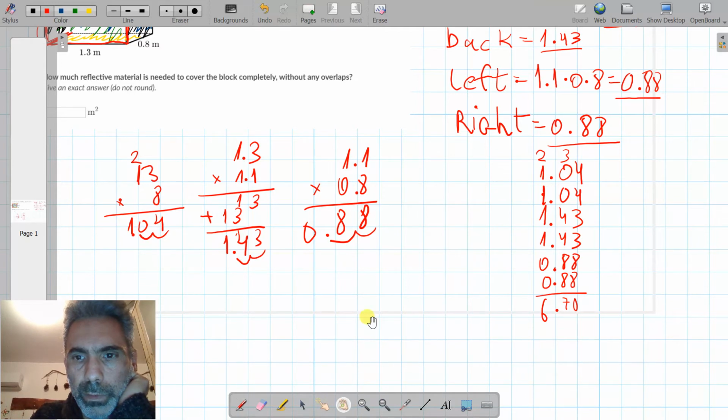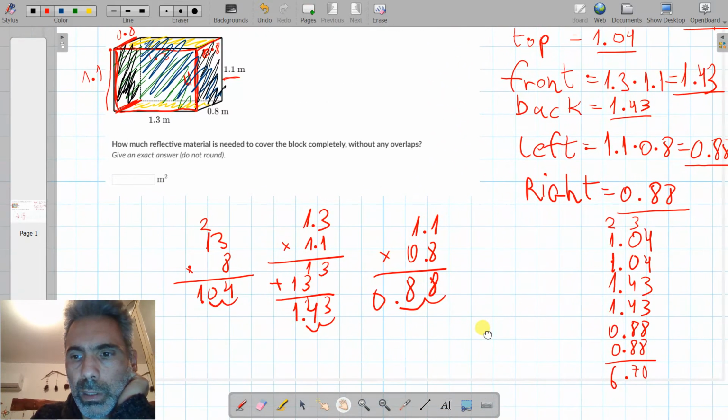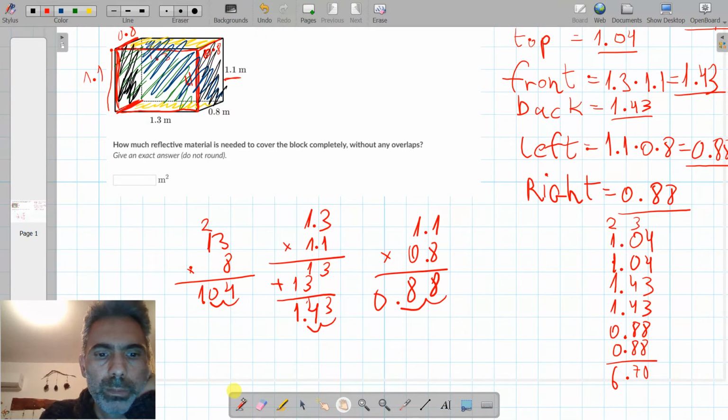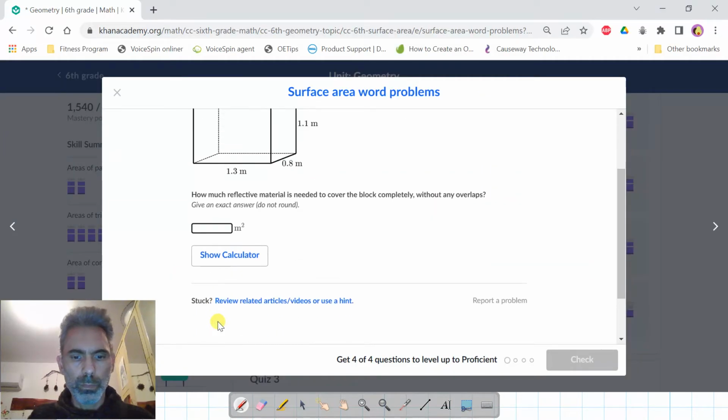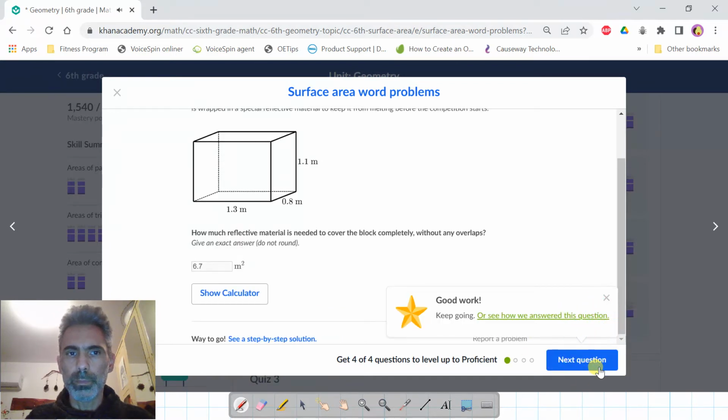So the entire surface area of this prism is 6.7 meters squared. Good.